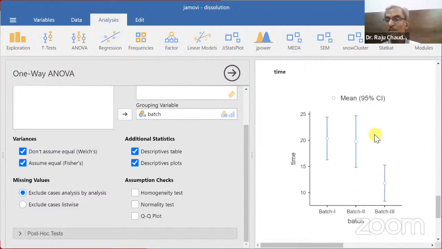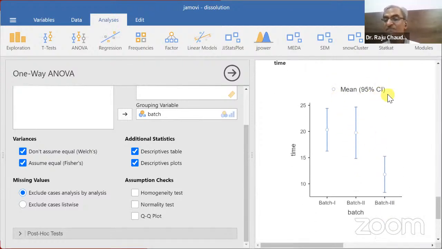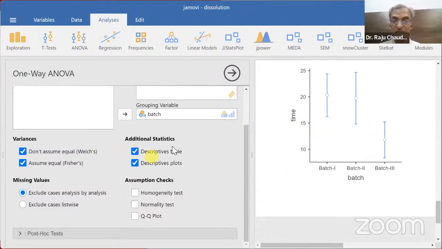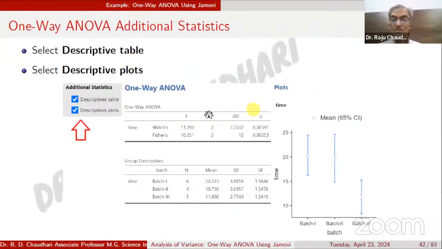This plot is nothing but the 95% confidence interval. The center point is the mean, so this is the average dissolution time for batch 1, this is for batch 2, this is for batch 3, and these are the lower and upper limits, the 95% confidence limits. So this is how we get the additional statistics.